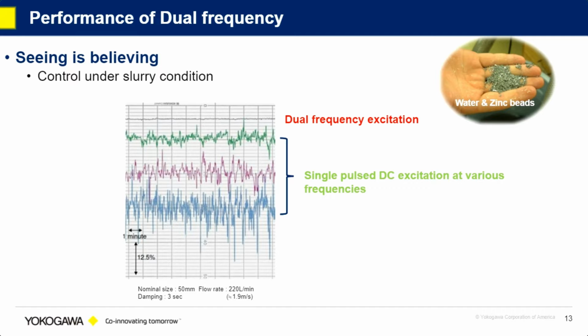So very often people cure this by just increasing the dampening, which drives process control people nuts. This is actually a chart off of a zinc bead flow loop, and you can see the difference and the improvement that you get with dual frequency on slurry noise.